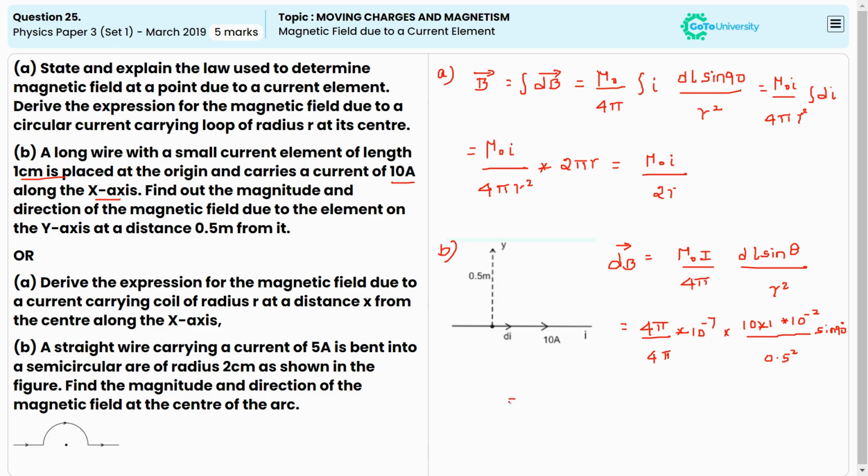Then we will get the answer 4 into 10 to the power of minus 8 T in z direction.